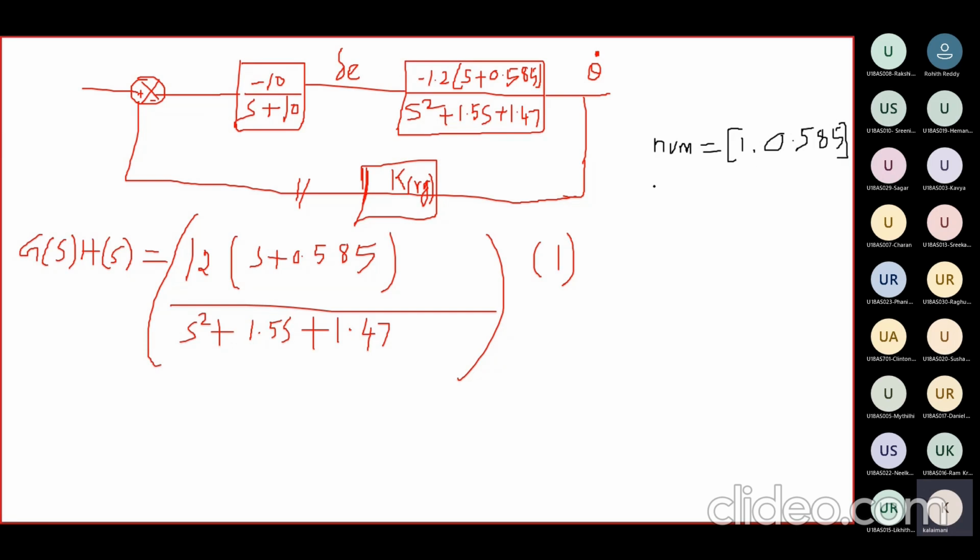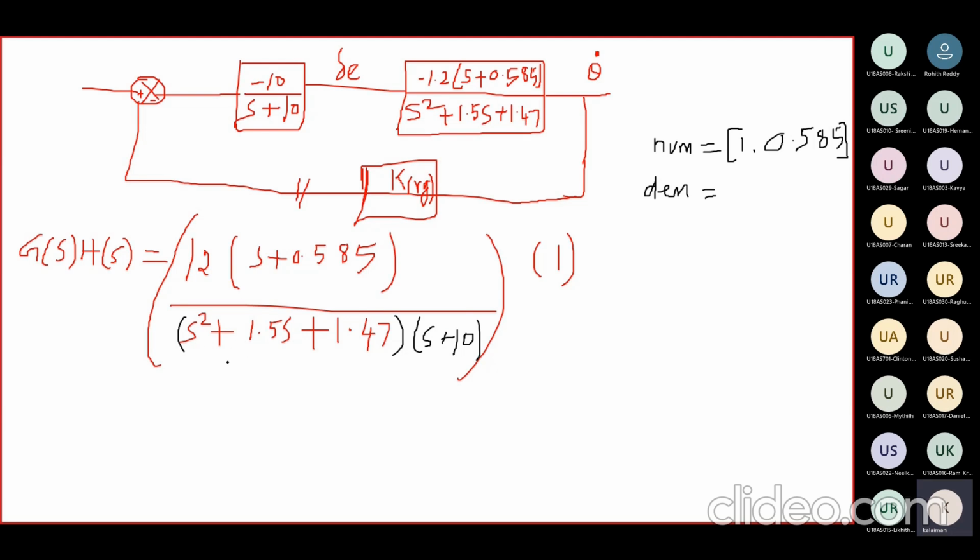Then your denominator is equal to s plus 10. Yes, this is a multiplication. These two blocks are a cascade. Minus 10 into minus 1.2, we will get 12 into s plus 0.585, then s plus 10 into s square plus 1.5s plus 1.47.